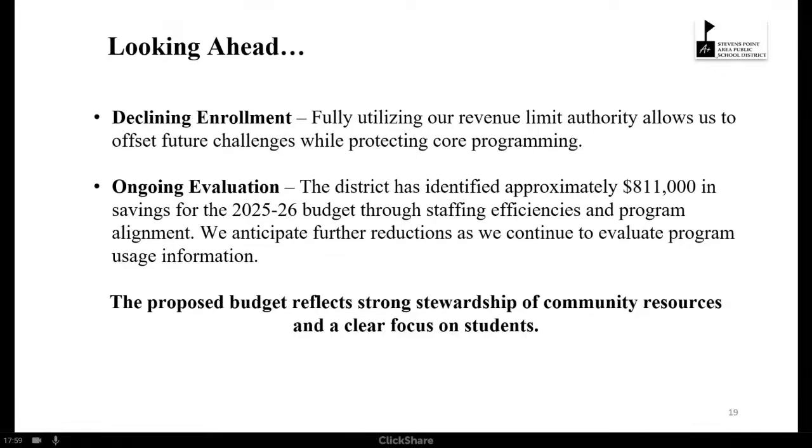We've been doing that, and this year we identified $811,000 in savings for 25-26. We anticipate further reductions as we continue to evaluate program usage information. So this proposed budget reflects strong stewardship of community resources with a focus on students and also in maintaining these funds for a really long time.